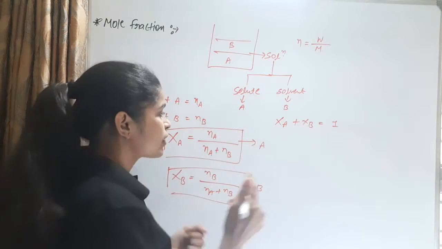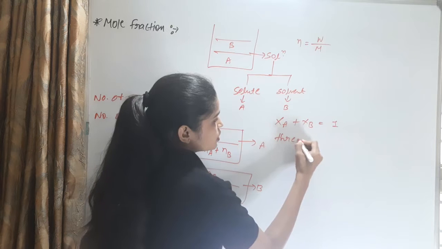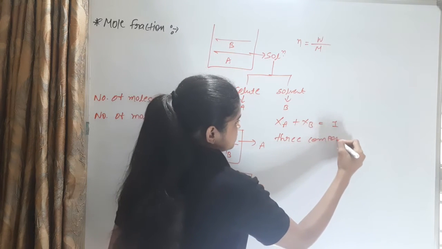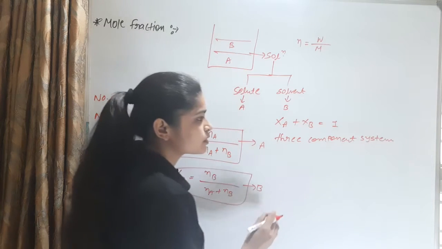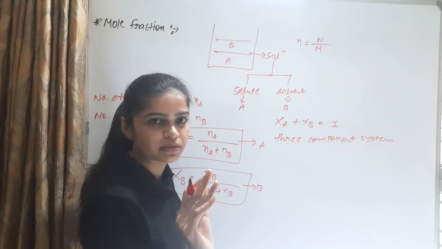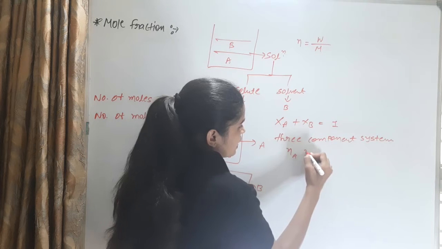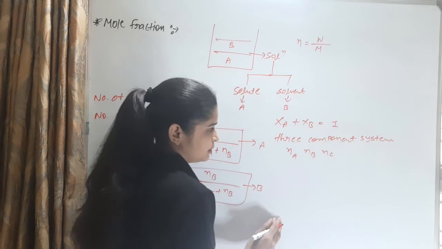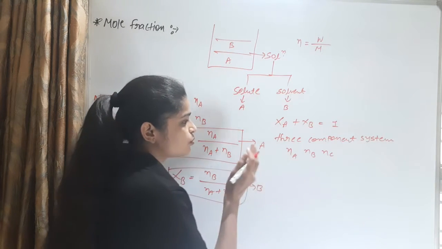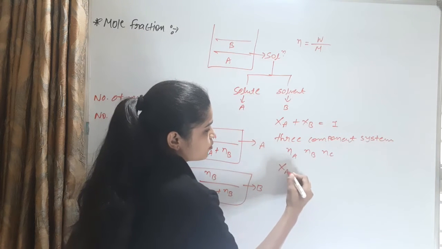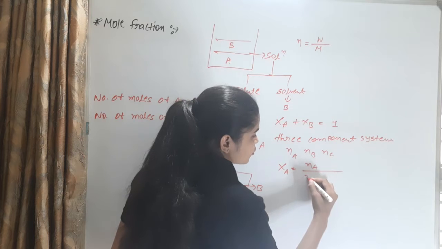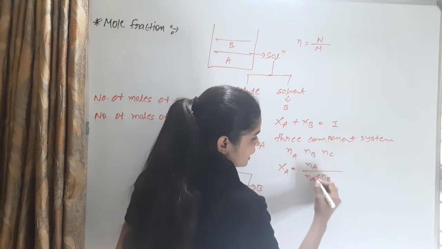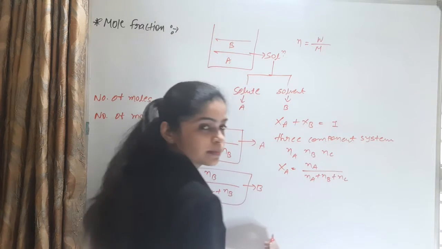For example, consider a three component system, with two solutes and one solvent present. So we have Na, Nb and Nc. How to find the mole fraction of each? The mole fraction of A is equal to the number of moles of A upon the total number of moles, Na plus Nb plus Nc.